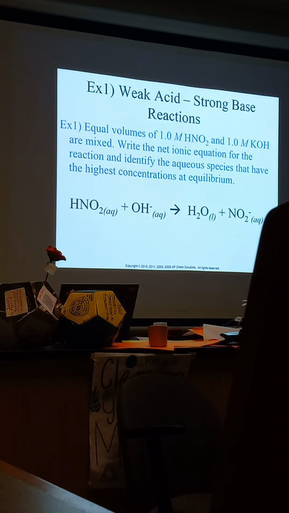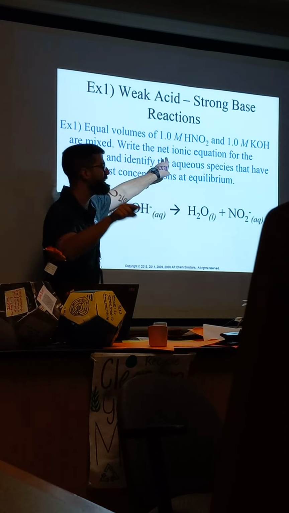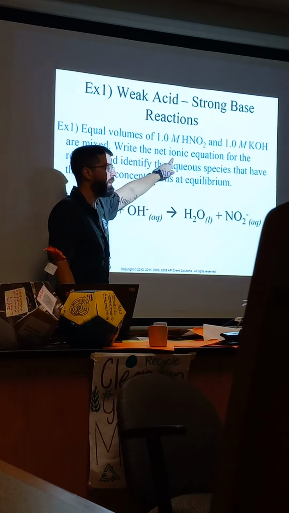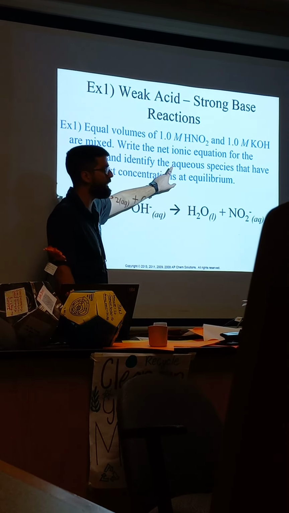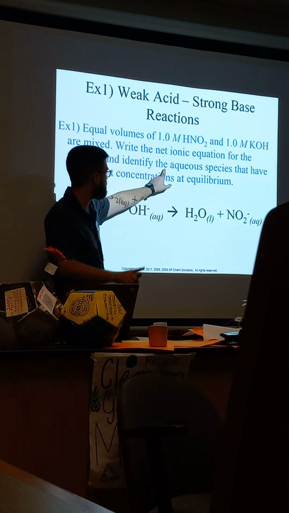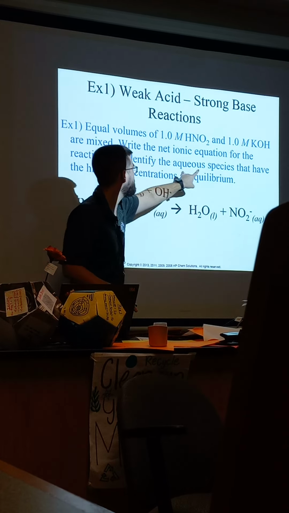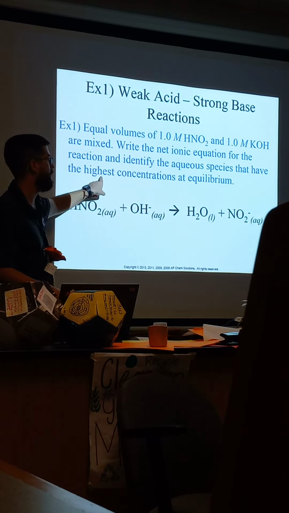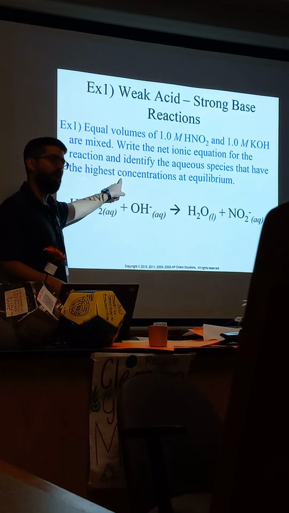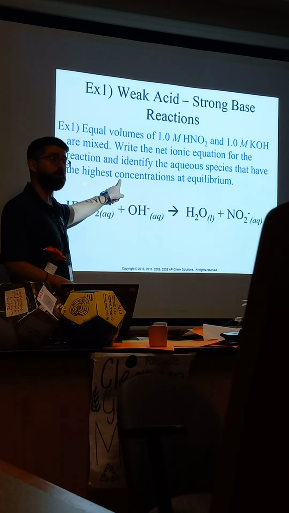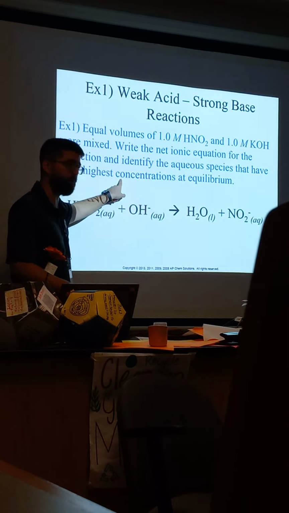Net ionic. Now, here's the tricky part. What did College Board and the homework specifically ask you for? But then they proceed, and this is insidious, to ask for which species have the highest concentration. Oh, so you need the K. So, just because it's not in the net ionic, did we destroy matter?